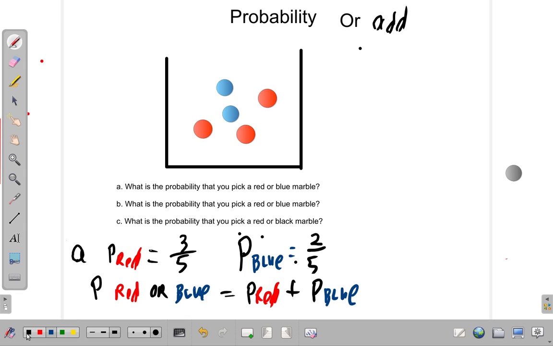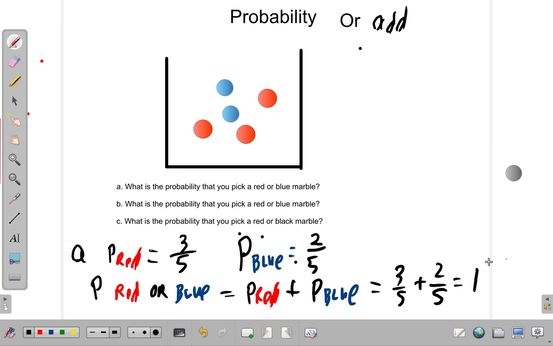So when you hear or, you must add. So in this case, it's 3/5 plus 2/5. What is 3/5 plus 2/5? Well, it is 5/5, which is 1 or 100%.